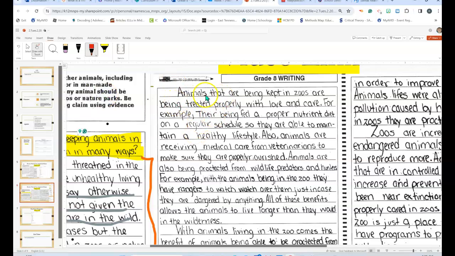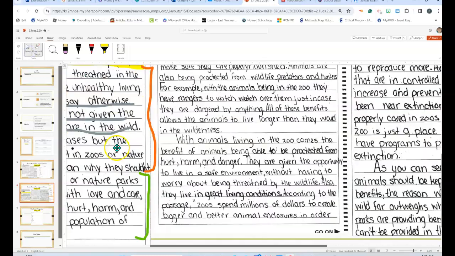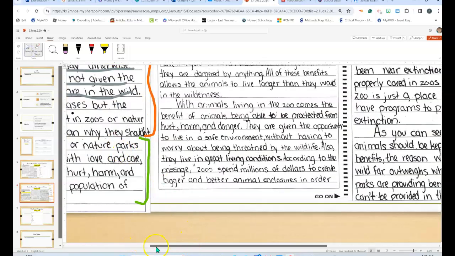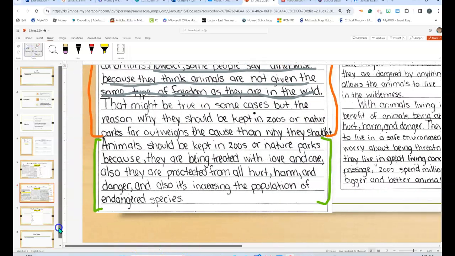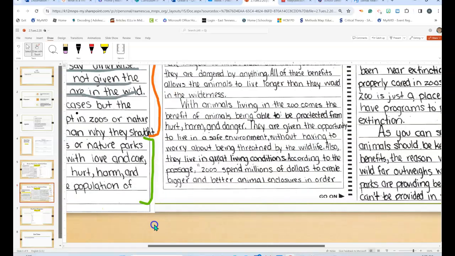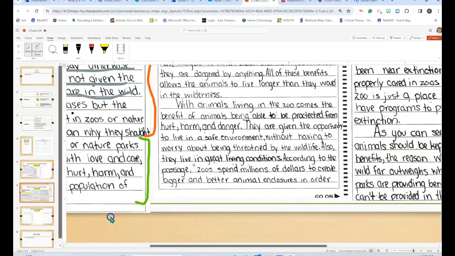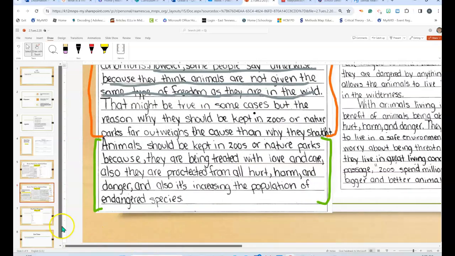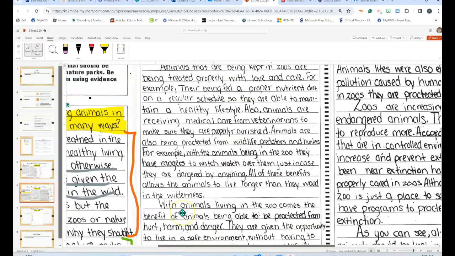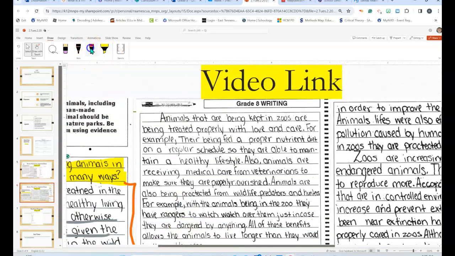Animals that are being kept in zoos are being treated properly with love and care. Notice that that reason is in the claim. Now, I've written your claim for you, so your reasons will not be in your claim. But they connected it directly to the claim. So let's underline this.